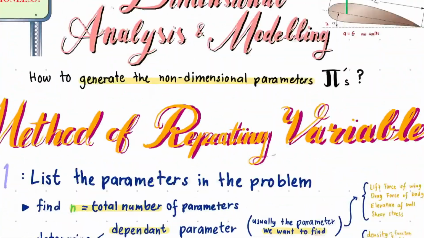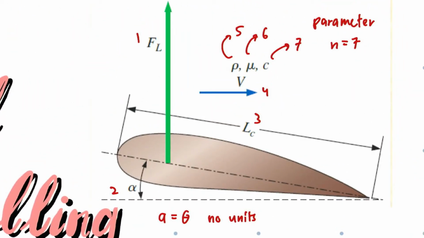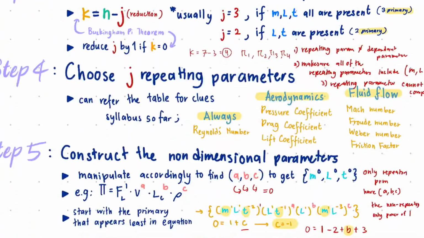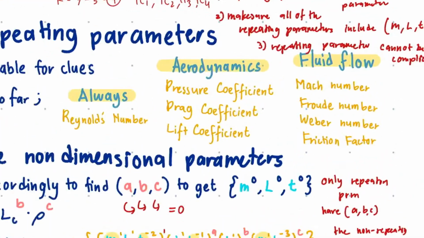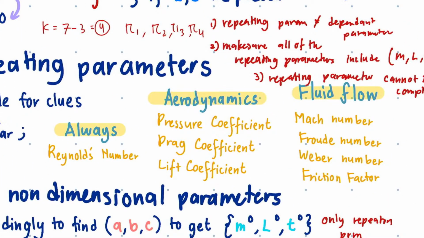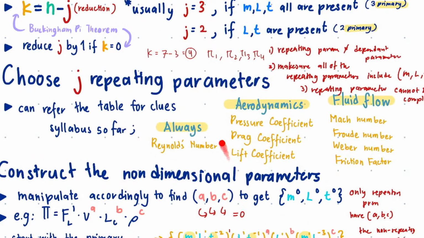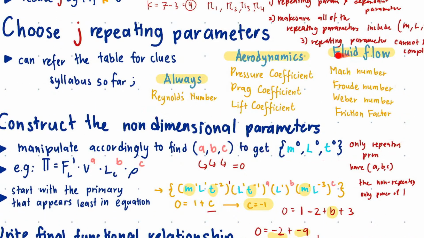It means that usually the repeating variables don't each have all of MLT. Sometimes they only have M, L or T. I hope you understand that. For the repeating parameters, we can also refer to the list of non-dimensional parameters that we already learned. This is the list of non-dimensional parameters. The other parameters you don't need to worry about.